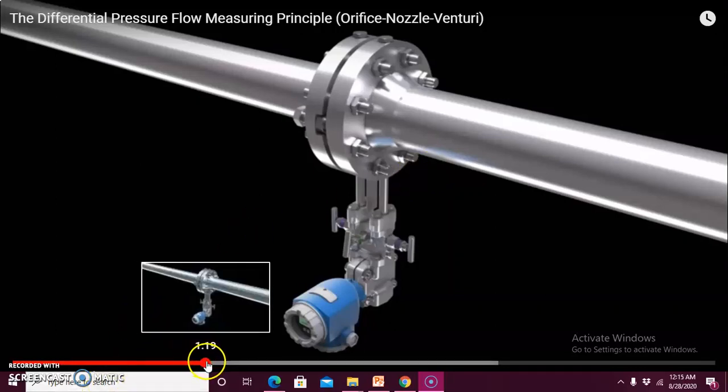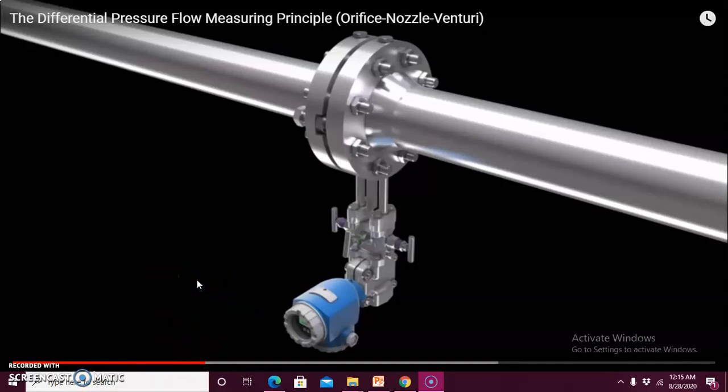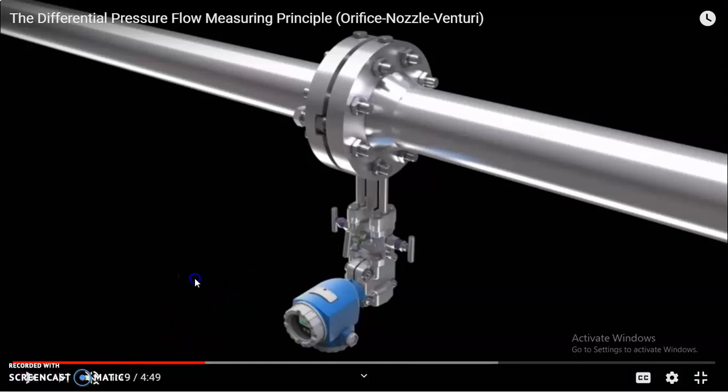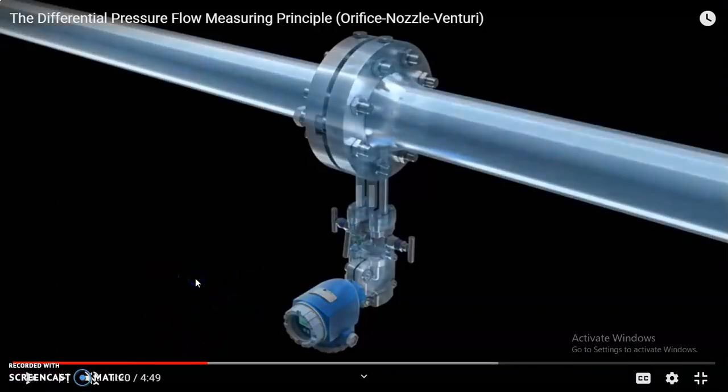For this orifice meter, you can visualize it consists of two tubes, the U-tube manometer, which is connected at the center of the pipe, and those two tubes are connected to the differential pressure transmitter, which they usually call DPT.